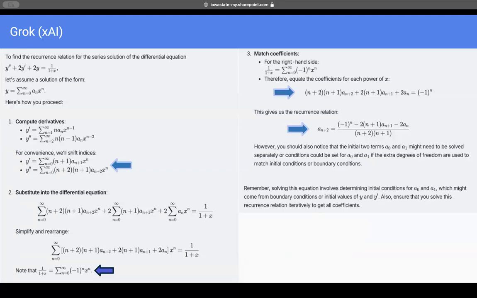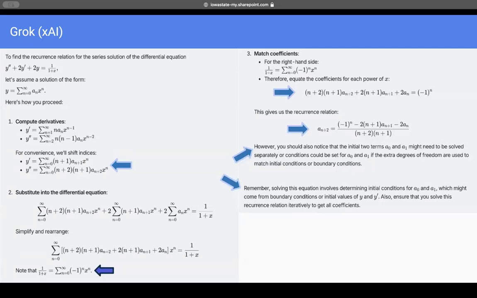Then moving over here, it says we have to match the coefficients, and then it solves it. So that's all correct. And then down here, it also reminds you that this recurrence relation holds, but it's really only useful if you already know the first two terms, so the A0 and A1, that would come from an initial condition or something like that.